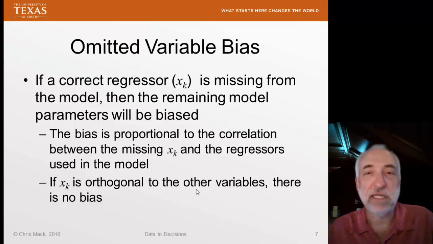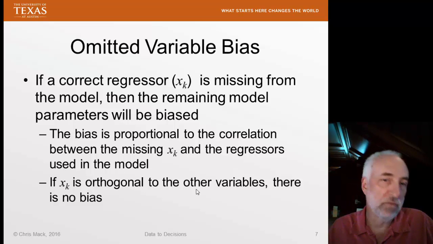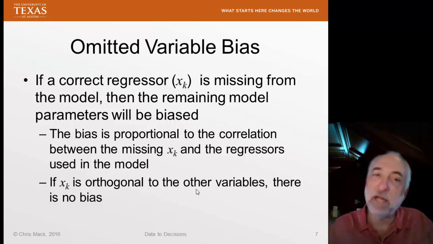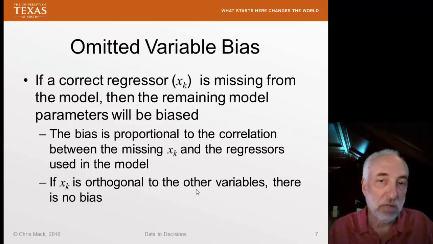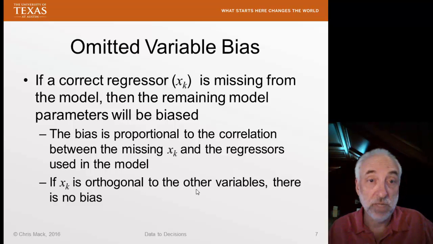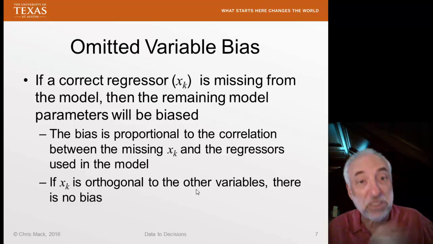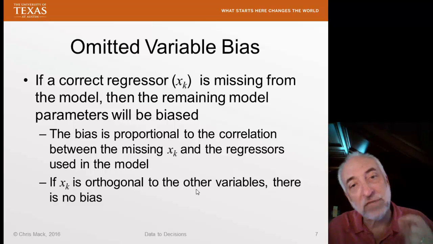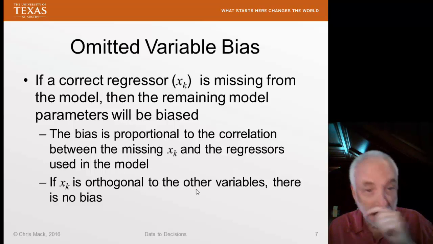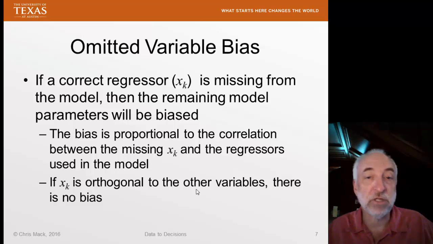One of the things I'd like to mention about this process is something called omitted variable bias. Now, we're trying to find every regressor that needs to be in our model and trying to exclude every regressor that shouldn't be in our model. But if a correct regressor is missing from the model, it has a very interesting effect. It biases the remaining parameters in the model. Why?